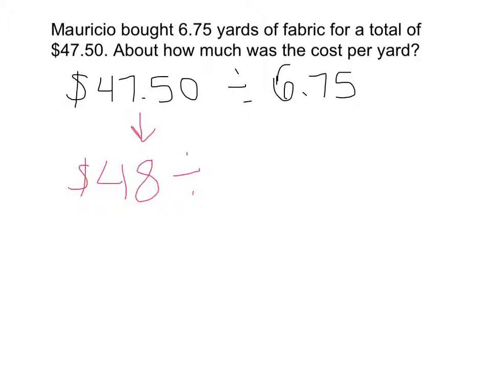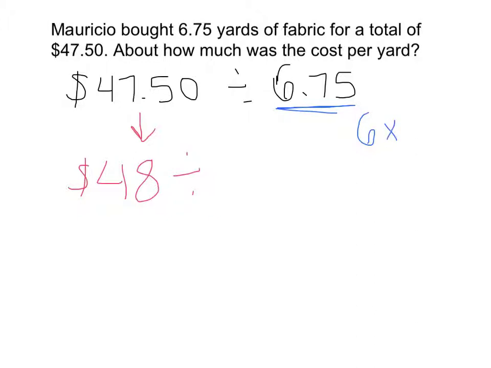Just looking at a couple ways we can find $48, let's multiply 6.75 by some numbers to see what we get. We are going to want to round 6.75 down to 6. Let's try that first. 6 times what gets us close to 48?